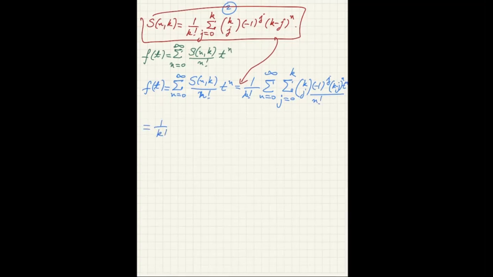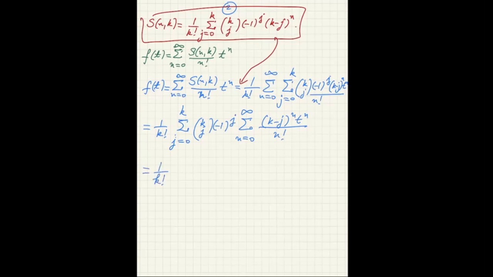And this can be written as follows. Here we are going to change the order of summation. So it's 1 over k factorial, the summation from j equals 0 to k of k choose j times (-1) to the power j. And here we have the summation from n equals 0 to infinity of (k minus j) to the n, t to the n divided by n factorial.